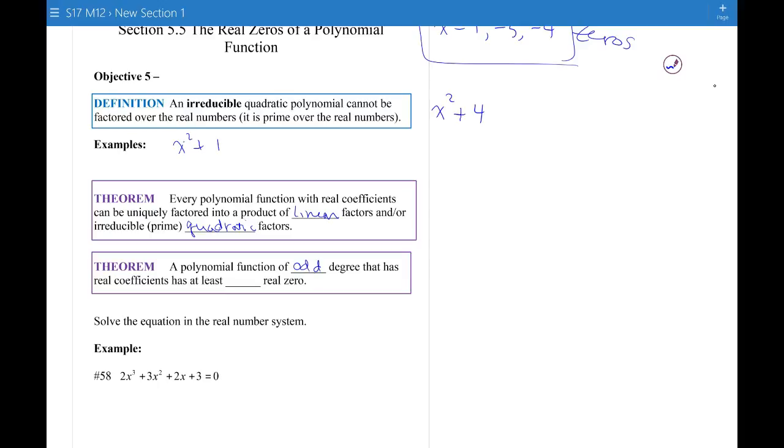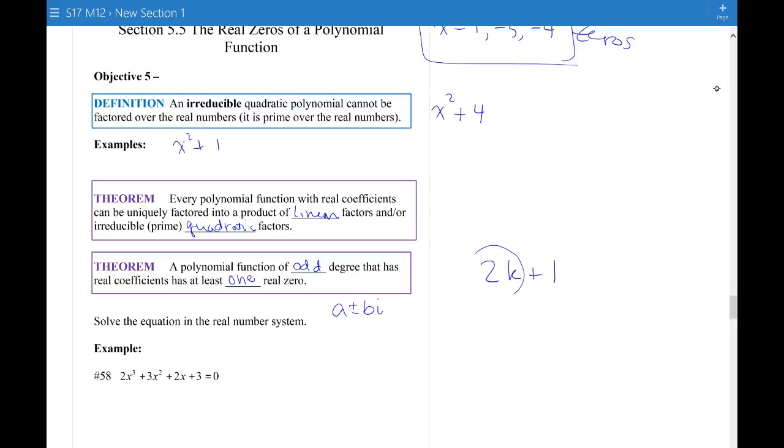A polynomial function of odd degree that has real coefficients has at least one real zero, because remember the complex zeros come in conjugate pairs. So every odd number can be written as 2k plus 1, where k is an integer.